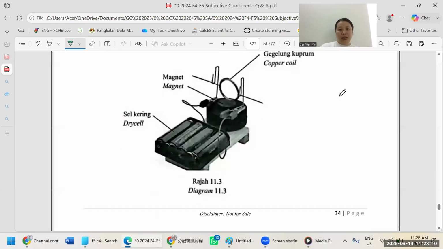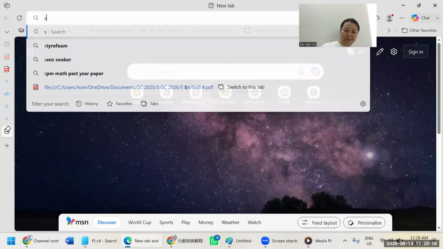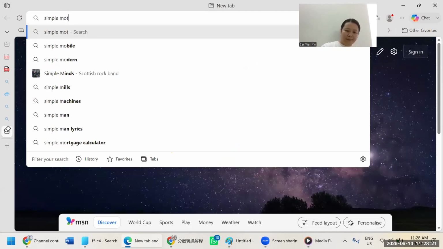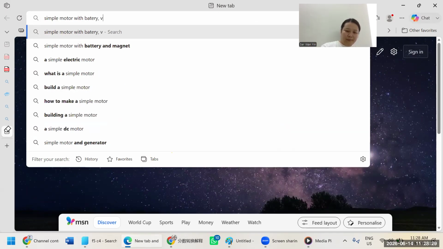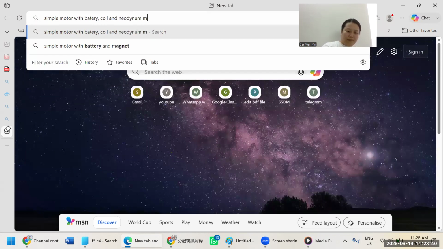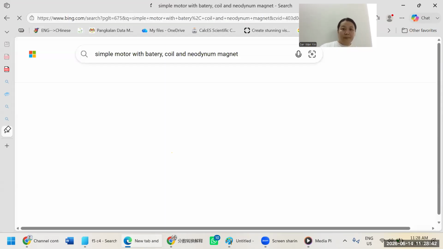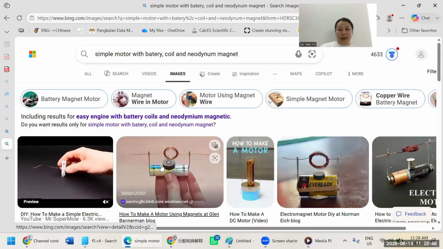Now see, same thing only. You may not know what it is. This is called a simple motor.